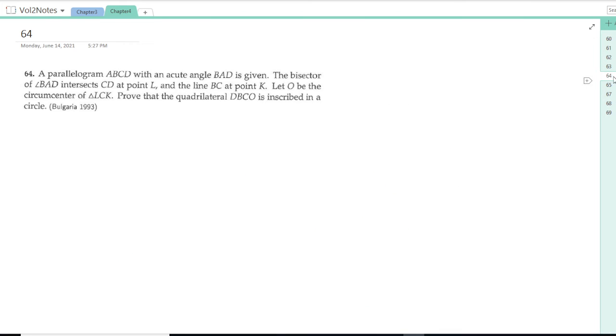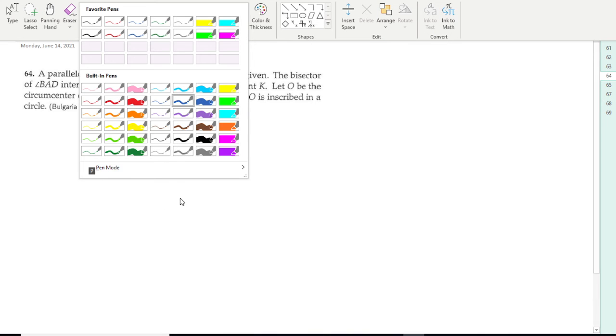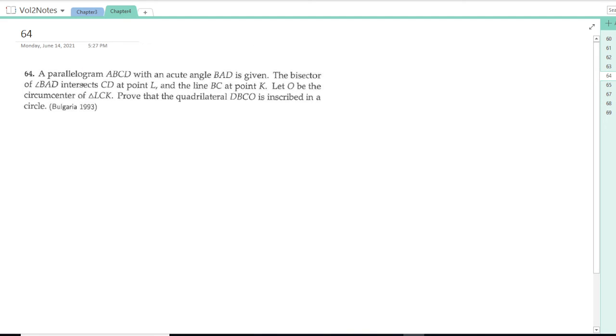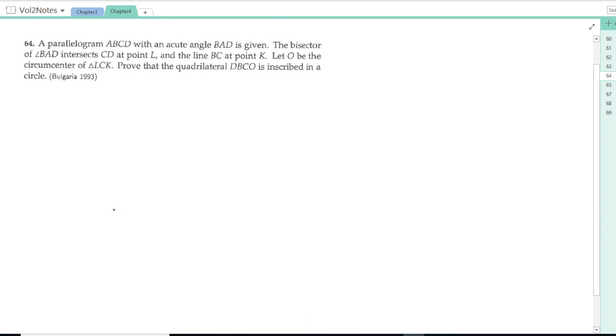Okay, so problem 64. A parallelogram. I think this is Bulgaria 1993 of the Math Olympiad. Okay, so we have A, B, C, D, right?